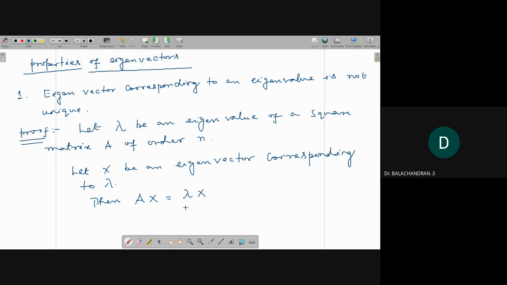So now I'm going to multiply equation 1 by a constant c, which is not equal to 0, non-zero constant. If I multiply, you will get C Ax is equal to C lambda x.